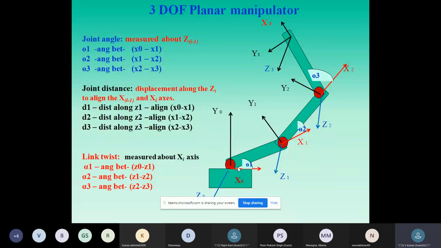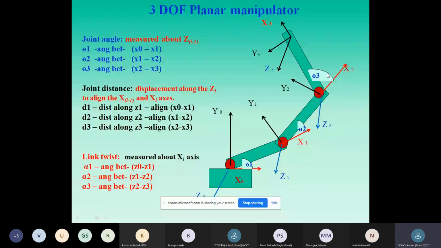For θ2, the joint angle 2, it is the angle between x1 and x2, extending both; this angle is θ2 about z1.